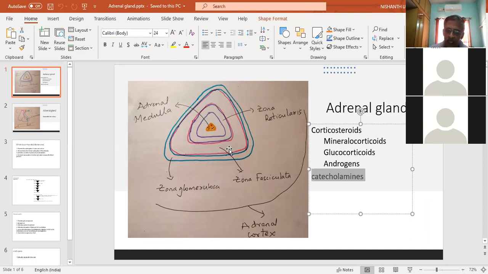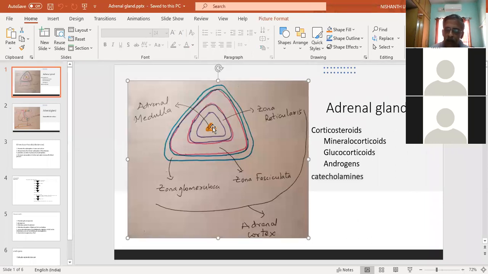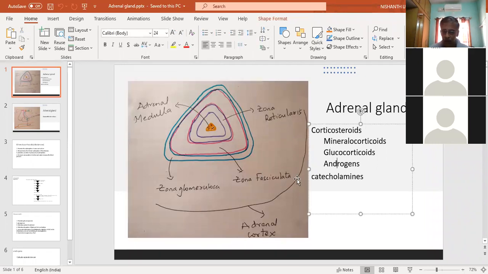One is epithelial tissue, that is cuboidal or columnar epithelium, and the inside, the adrenal medulla, is composed of nervous tissue. The inside of the adrenal gland produces catecholamines, and the outside produces corticosteroids. Zona glomerulosa produces mineralocorticoids, zona fasciculata produces glucocorticoids, and zona reticularis produces androgens.